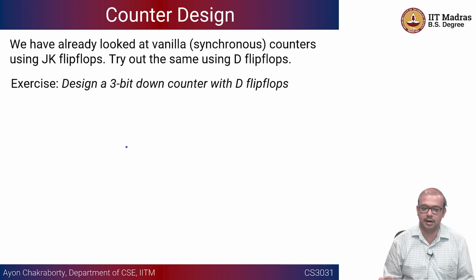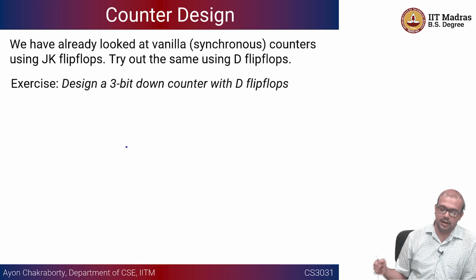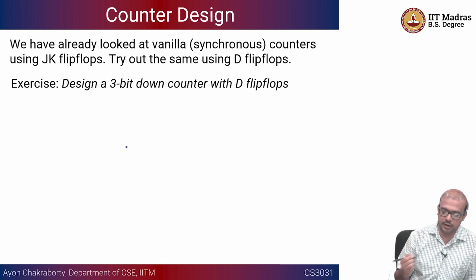If the write enable is 0, then it's going to be in a memory hold state. But assuming that the write enable is 1, that you are trying to write to the output of the flip-flop, whatever data you put in the input is the same thing that is going to appear after a certain delay. Delay means 1 clock delay. That's why it is called a D flip-flop.